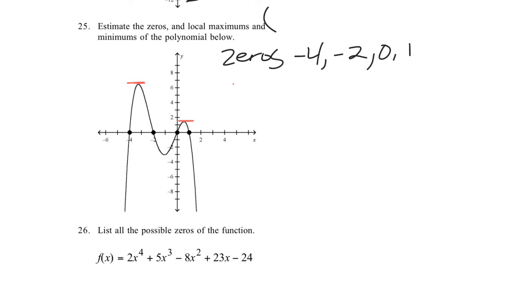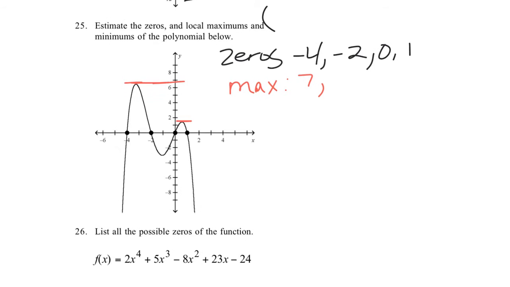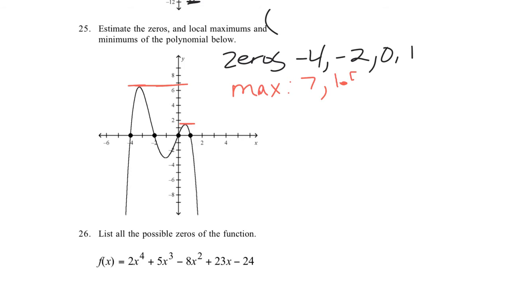So I have a local max of about 7. And that looks like it's about 1.5. And then I have a min here of negative 3.